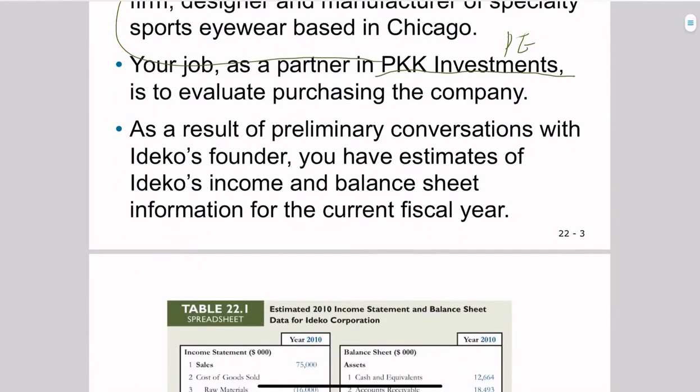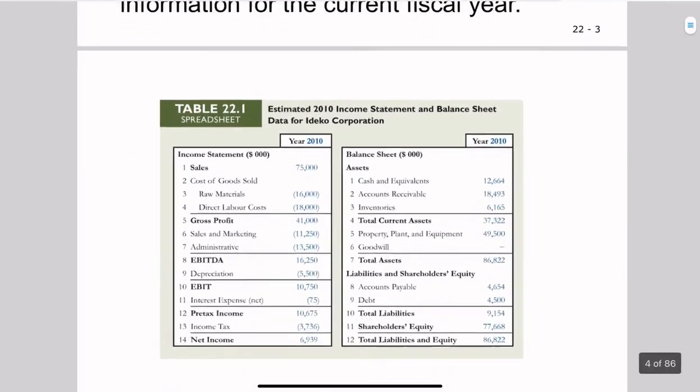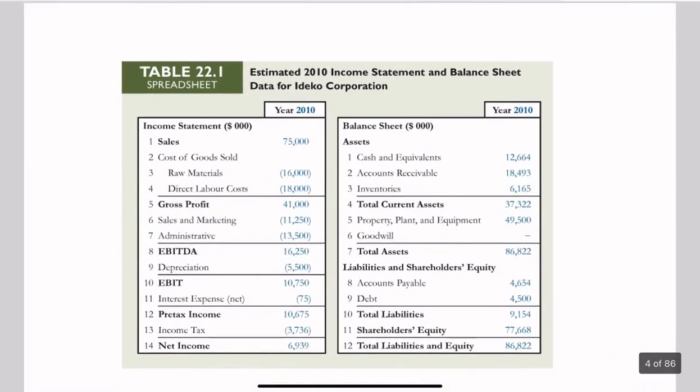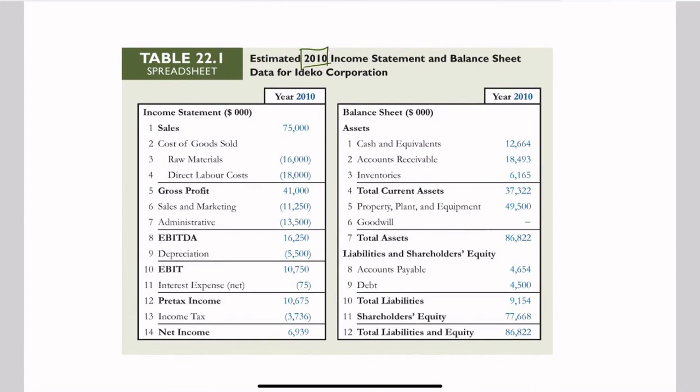As a result of some conversation with the firm's founder, you have estimates of the firm's income and balance sheet information for the current fiscal year, which is 2010. As a partner, you have estimated these numbers, so we basically have an income statement and balance sheet.